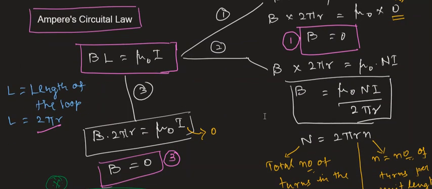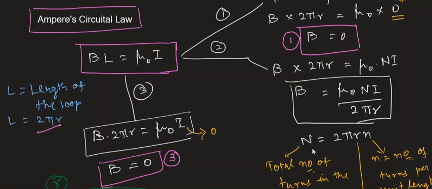Here, B into 2 pi r is equal to mu 0 into the total number of turns, capital N, times I. So B into 2 pi r is equal to mu 0 N i, and B is equal to mu 0 N i divided by 2 pi r.